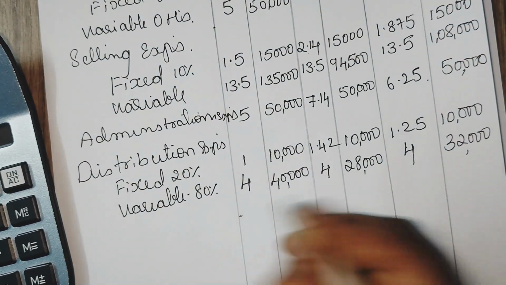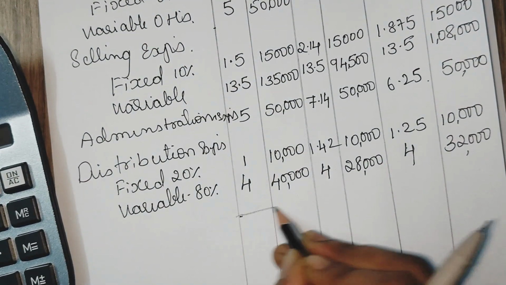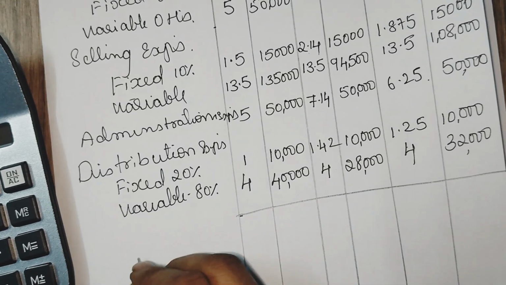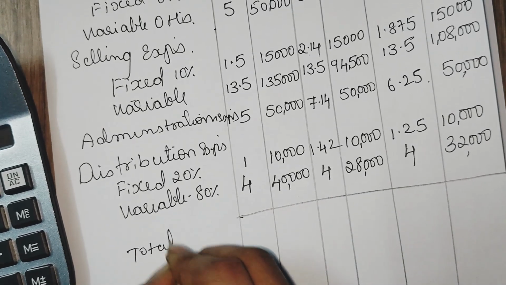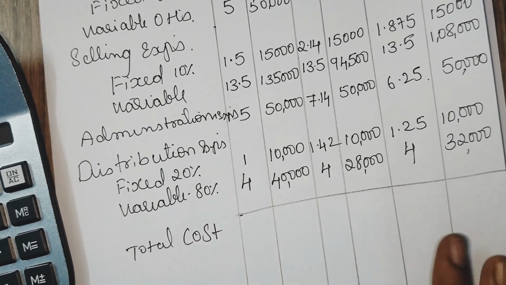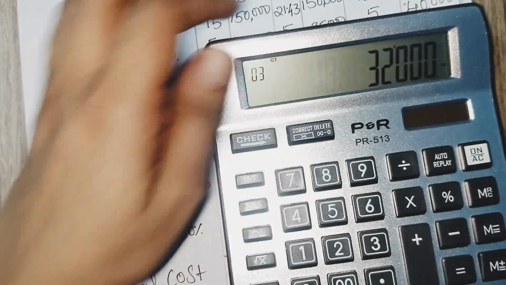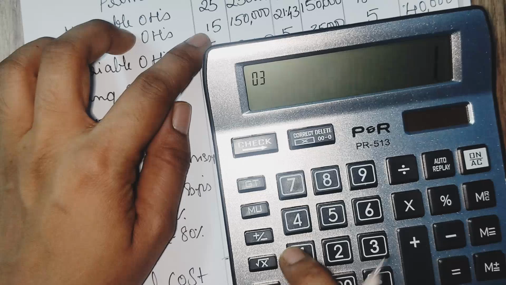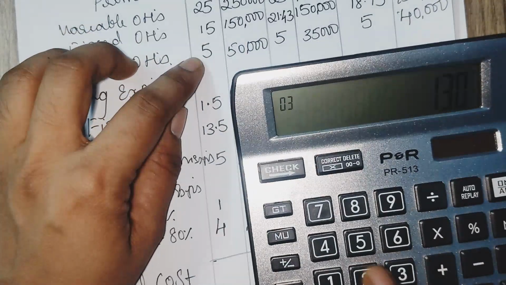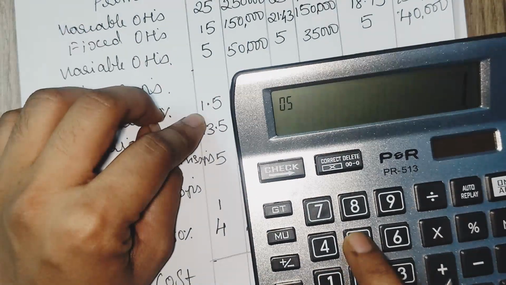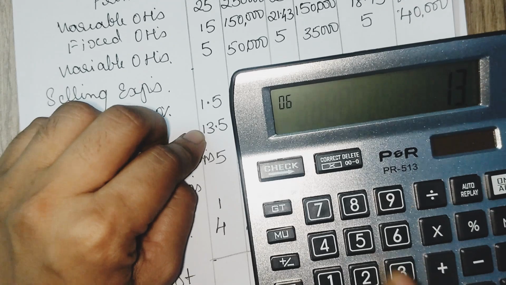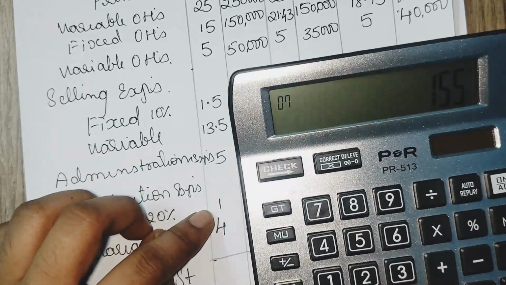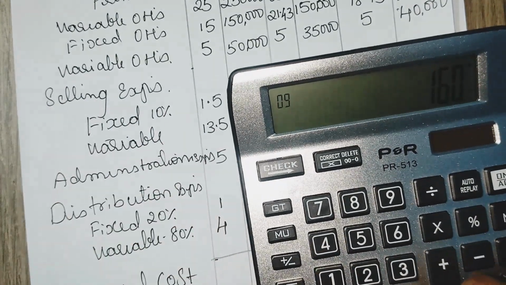Total cost is the sum of all. 90 plus 25, 15, 5, 1.5, 13.5, 5, 1, 4, 160.